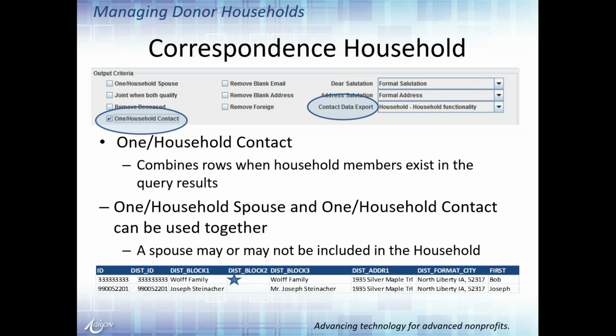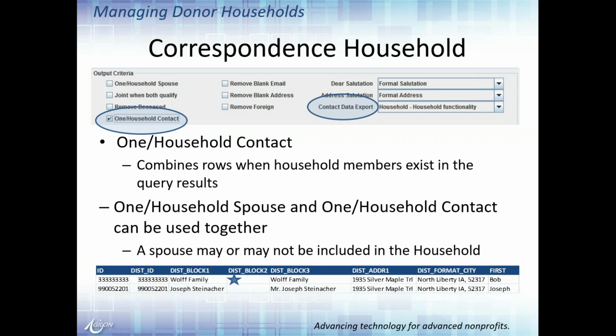Now, I don't know if it's an unintended consequence, but the initial intent of the household relationships was to allow you to combine constituents who live at the same household. That initial definition was based on whether or not they live at the same household or share the same address.